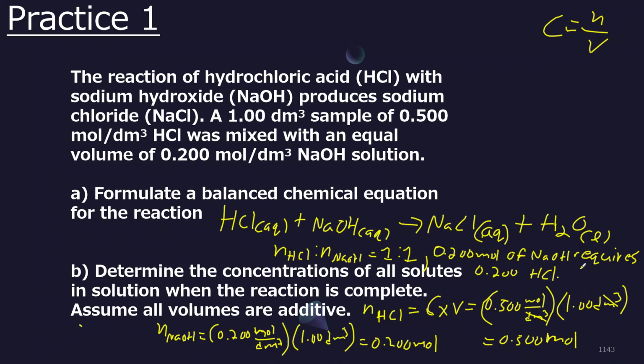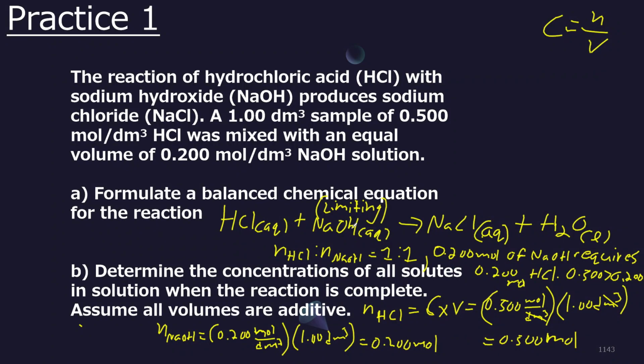We have 0.5, so 0.5 is greater than 0.2. So pretty clearly, NaOH is limiting. It will all be used up, and there'll be some HCl remaining.